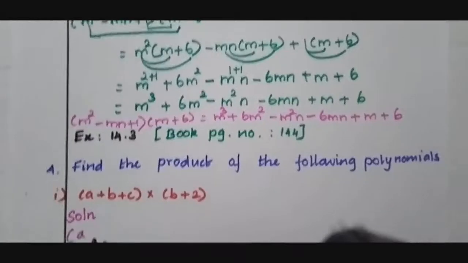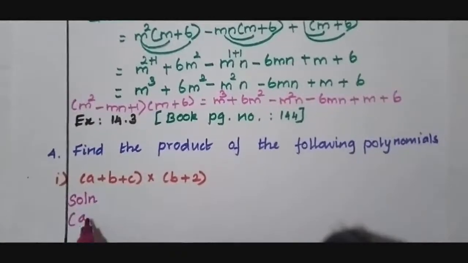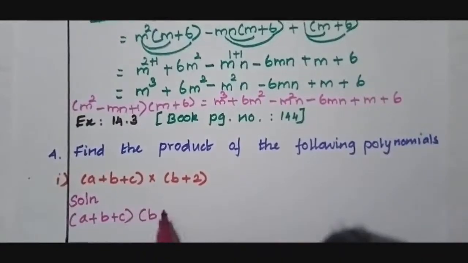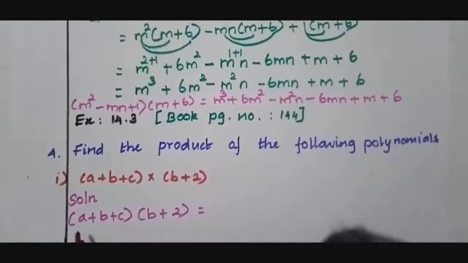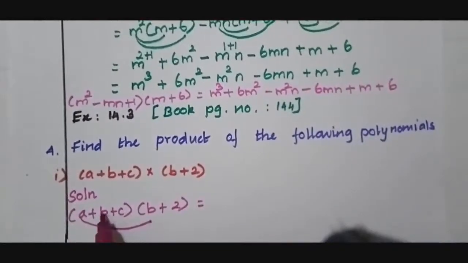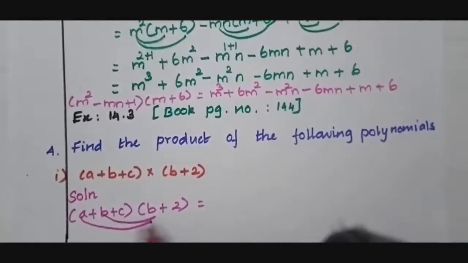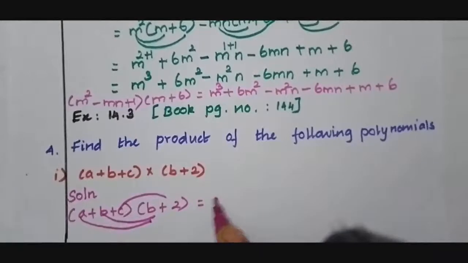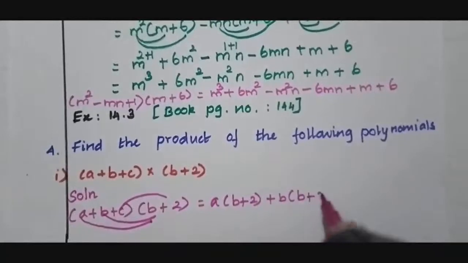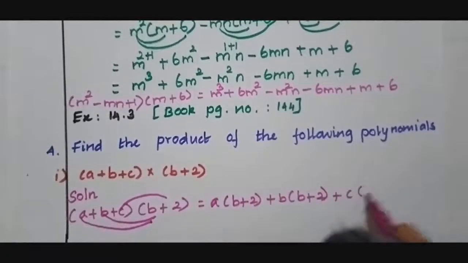Multiply this a with the second expression, then b with the second expression, then this c with the second expression: a into b plus 2, plus b into b plus 2, plus c into b plus 2.